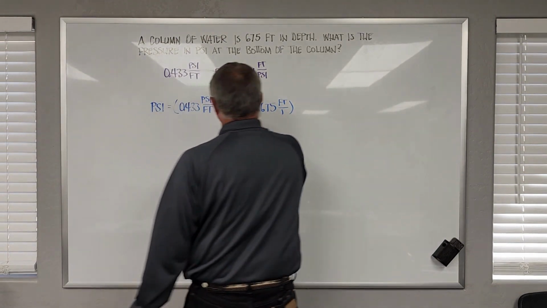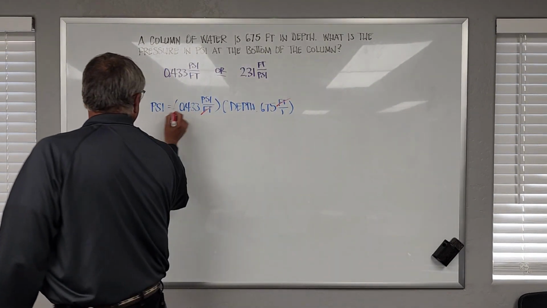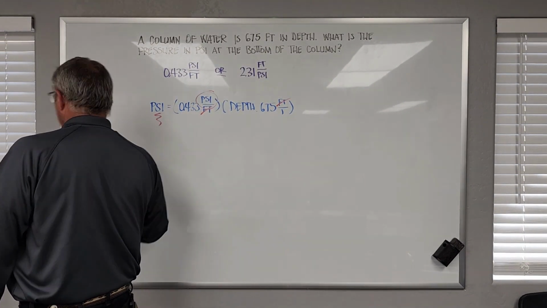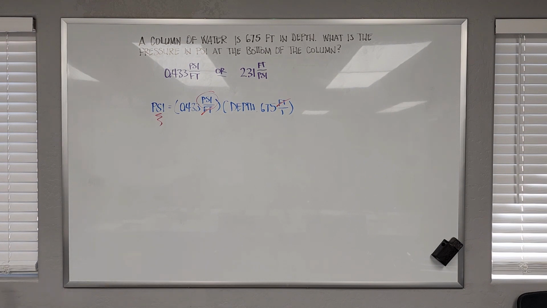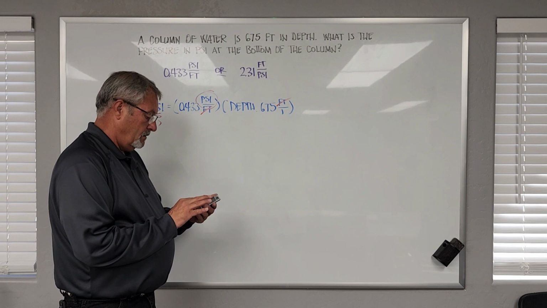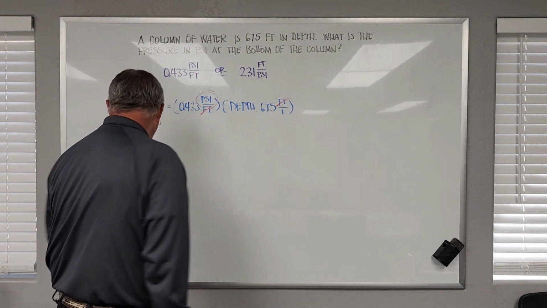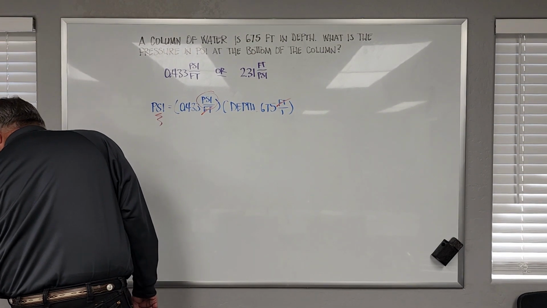So I can cross cancel foot, foot, and I'm left with PSI, which is the unit of measure I'm looking for. So now I have confidence that if I multiply 0.433 times 675, I'm going to get 292 PSI.